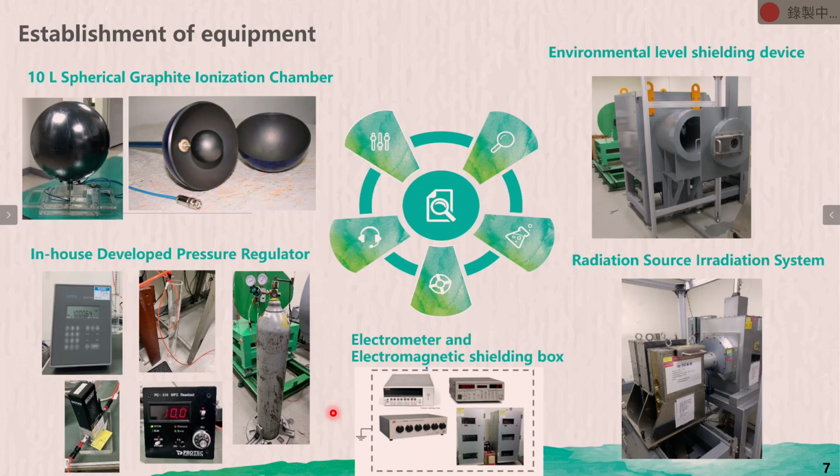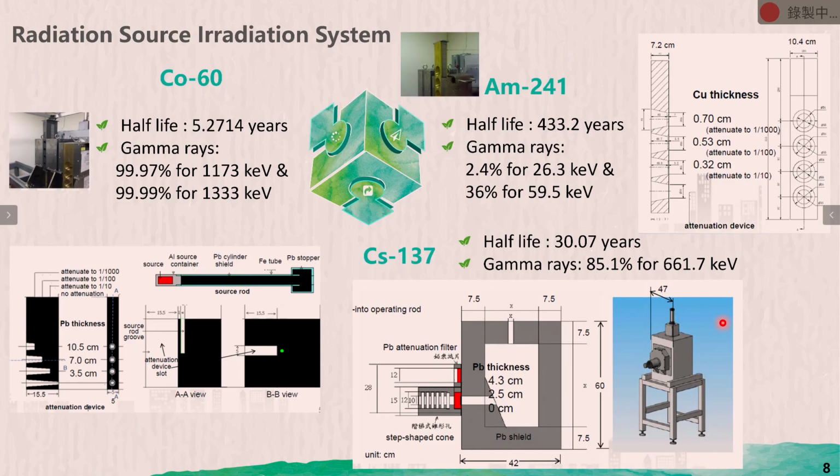We will use the electrometer and an electromagnetic shielding box. This is our environmental level shooting device, and this is our radiation source irradiation system.